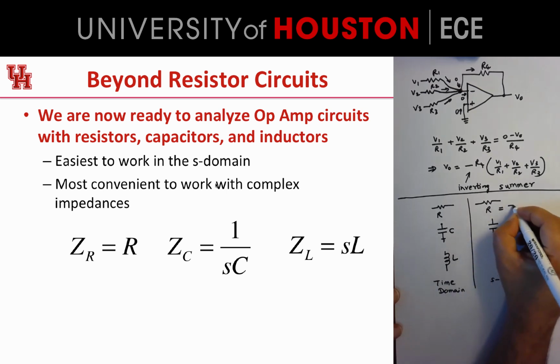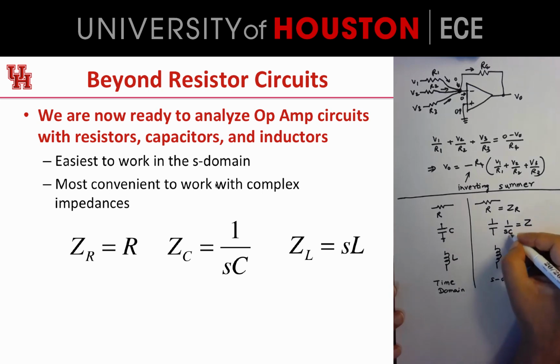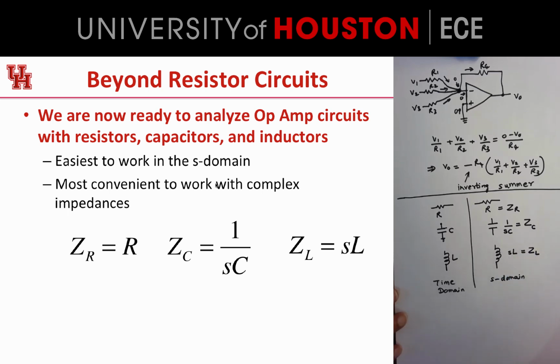We call this Z sub R. We use the letter Z to indicate an impedance, and we use the letter Z again to indicate an impedance, but for a capacitor, so we write it Z sub C. And for an inductor, we write Z sub L. So by simply transforming a circuit to the S domain, we can start to think in terms of impedances.